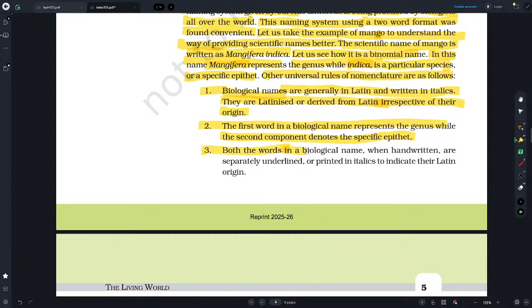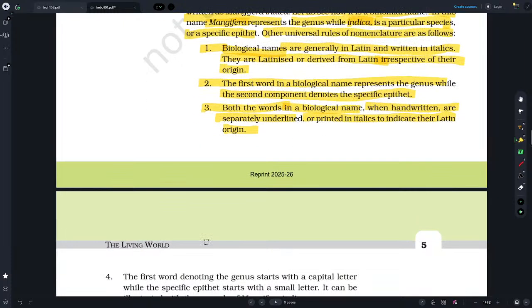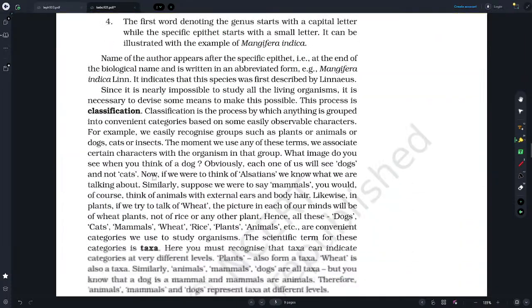Both of the words in a biological name, when handwritten, are separately underlined, or printed in italics when typed, to indicate their Latin origin. If handwritten, they are underlined.